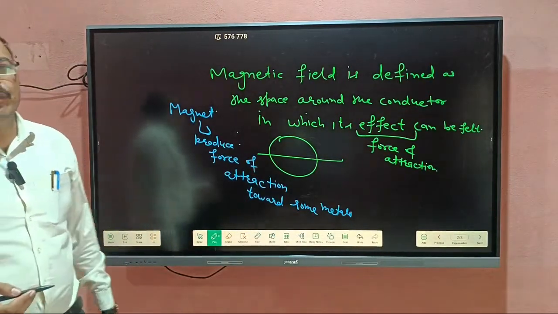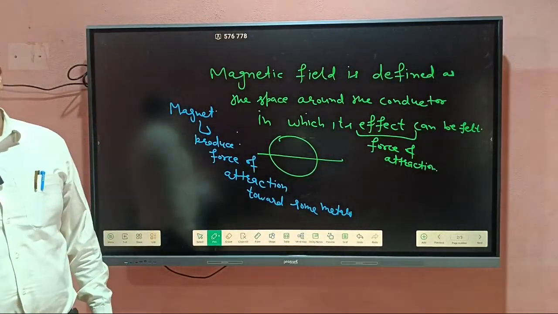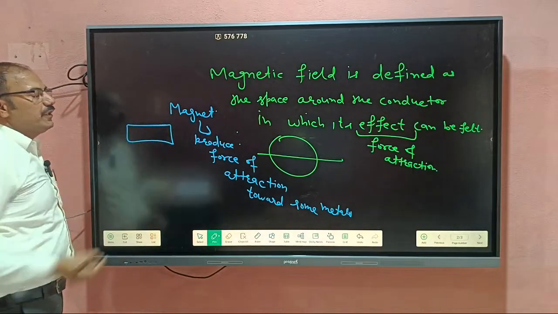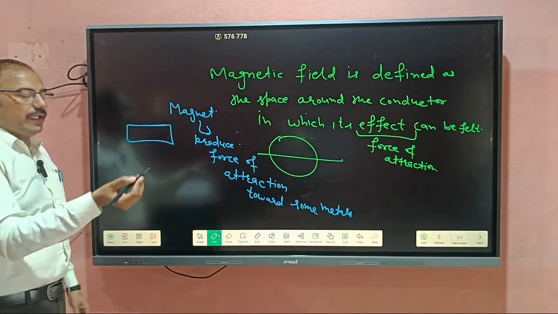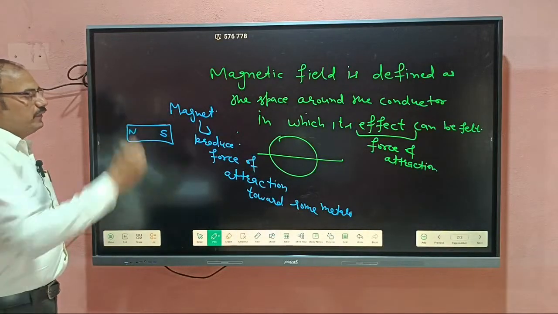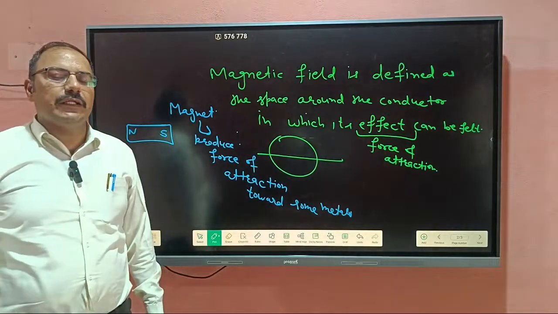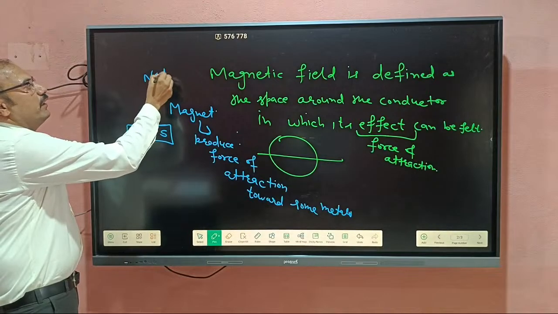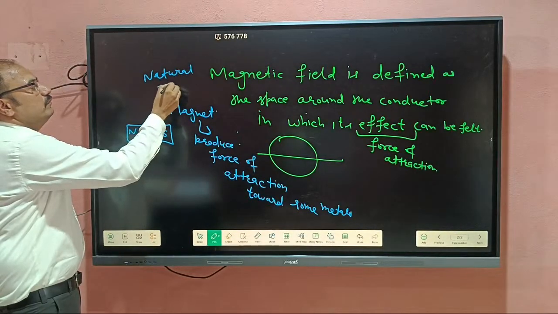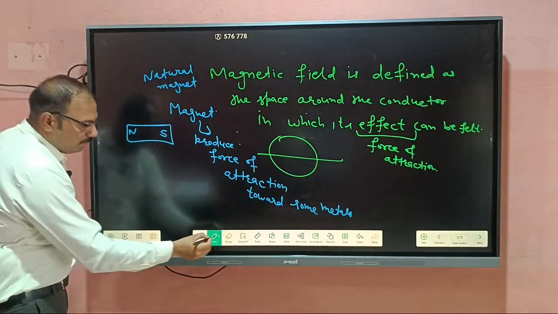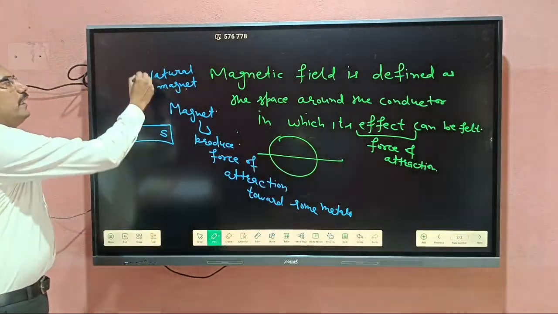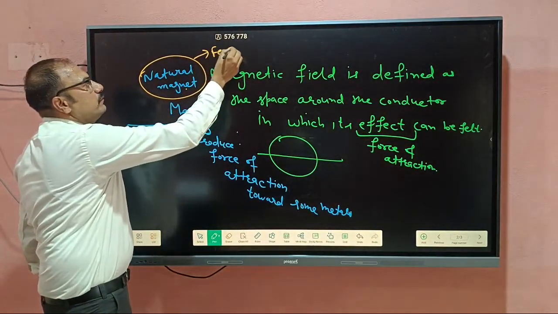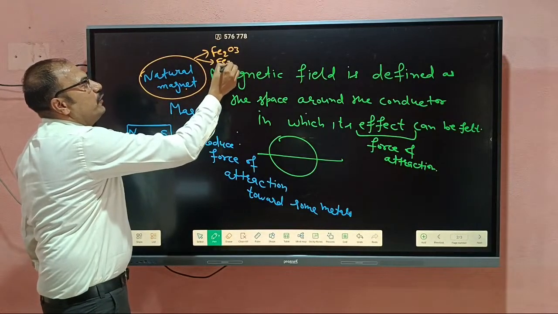There are some types of magnets, like natural magnets and artificial magnets. An artificial magnet may be bar type, that is a rectangular shape. They consist of a north pole and a south pole. Other magnetic materials are known as natural magnets. Natural magnets may be like Fe2O3 and Fe3O4.